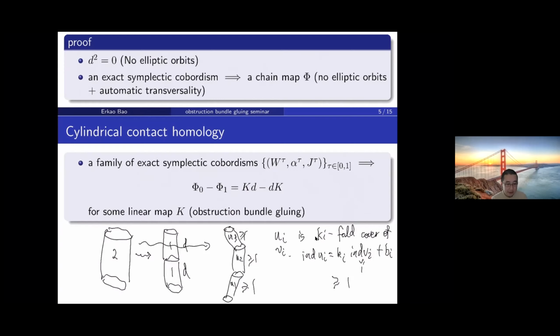And then finally we want to show the chain homotopy. To show chain homotopy, roughly we want to show that a family of exact symplectic cobordisms W_tau, alpha_tau, J_tau, where tau lies from 0 to 1, gives a chain homotopy, meaning phi_0 minus phi_1 equals KD minus DK for some linear map K. To prove this, we need to do some obstruction bundle gluing.